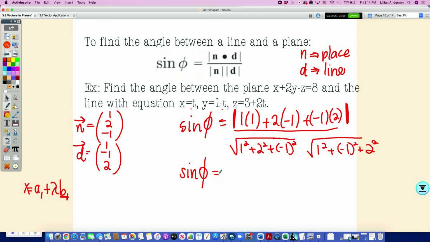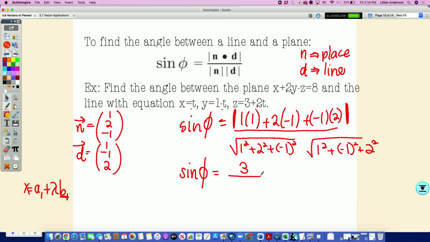So I have 1 plus a -2 plus a -2. What's that? -3. And so I'm going to take the absolute value of -3, which gives me a 3. Then 1 squared plus 2 squared plus -1 squared.